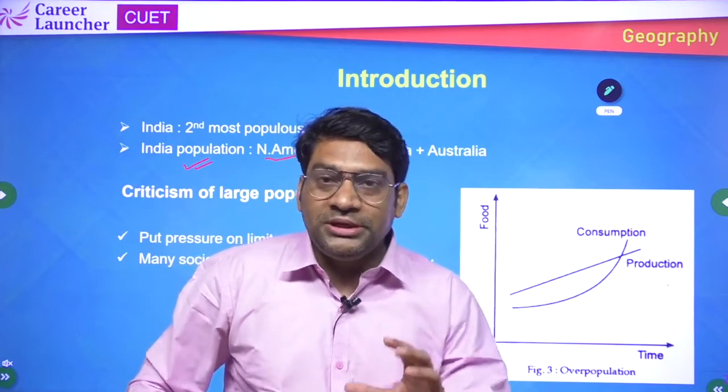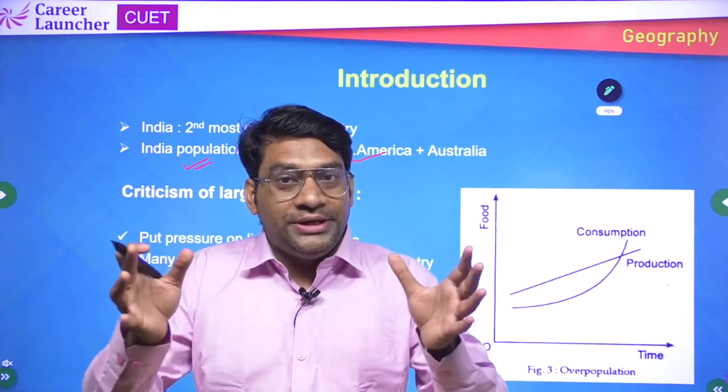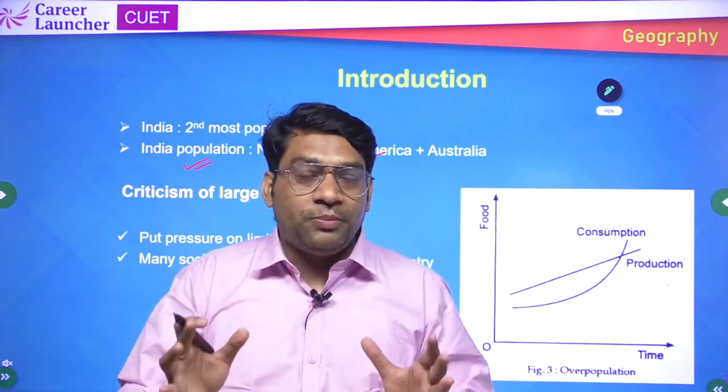So India ranks 7th in terms of geographical size and second in terms of population size. So you see how high the density is in our country. Population बहुत ही ज़्यादा हमारी country में है.